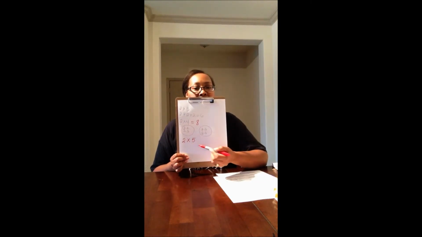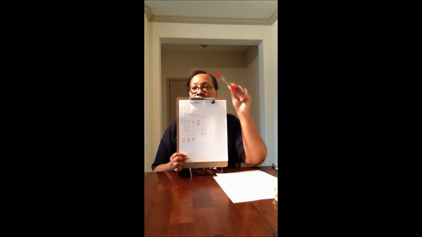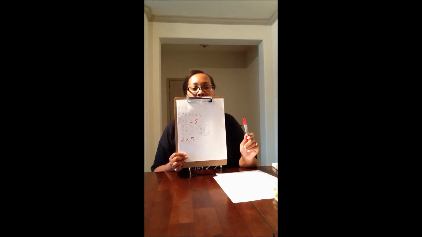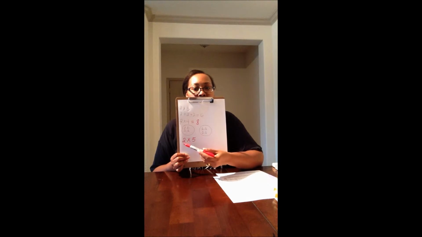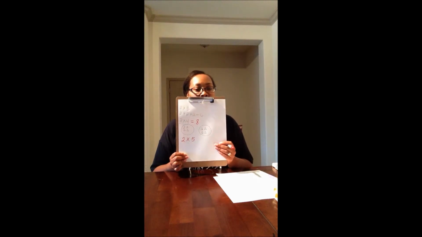So this problem is saying that we have 2 equal sets, and how many will be in each set? Who knows? 5. Good. So 2 times 5 tells us that we will have 2 equal sets of 5. So that means we're going to draw 2 circles.